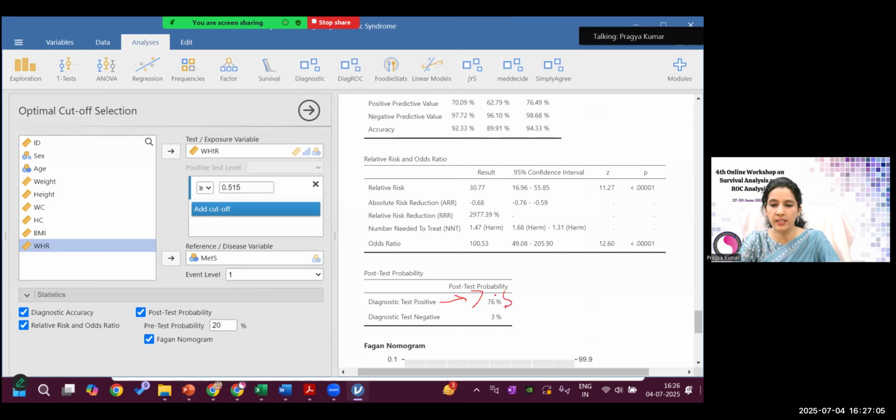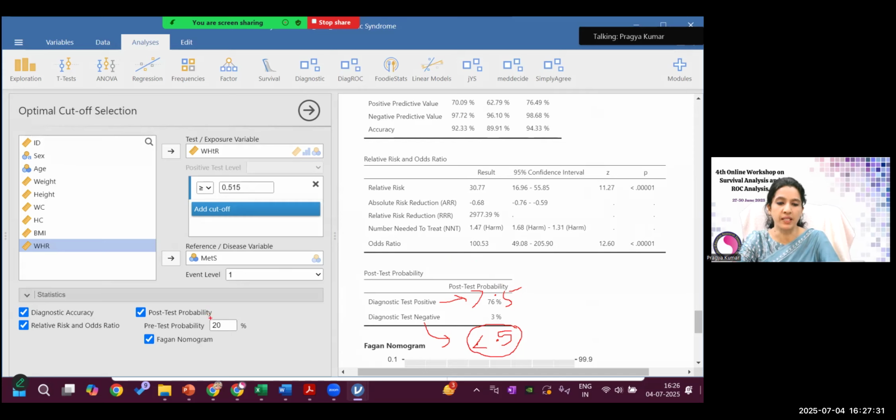And here, diagnostic test negative means the waist height ratio is less than 0.5. So if a person comes to you with a waist height ratio less than 0.5, he has only a 3% probability of having metabolic syndrome.